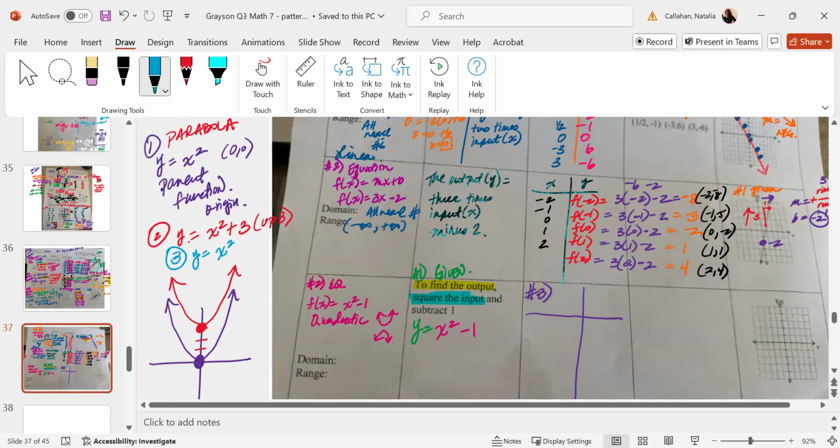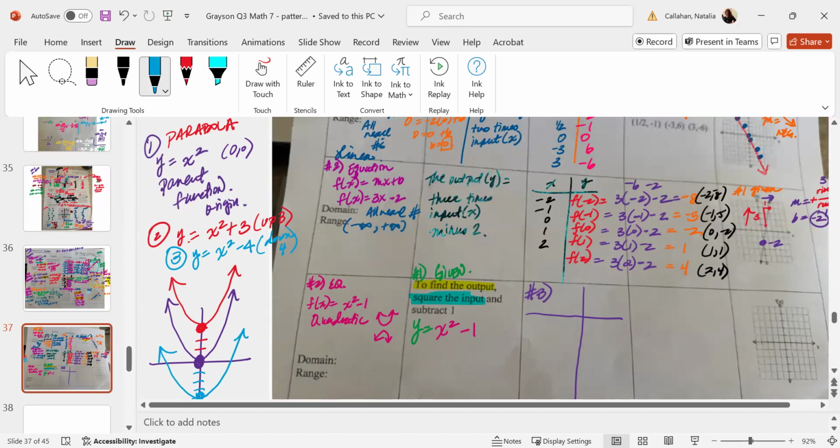y equals x squared minus 4. How is that going to be different? Yeah, you're going to go down 4 on the y-axis. 1, 2, 3, 4. Now draw your dot. And there's your happy face. Do you understand?